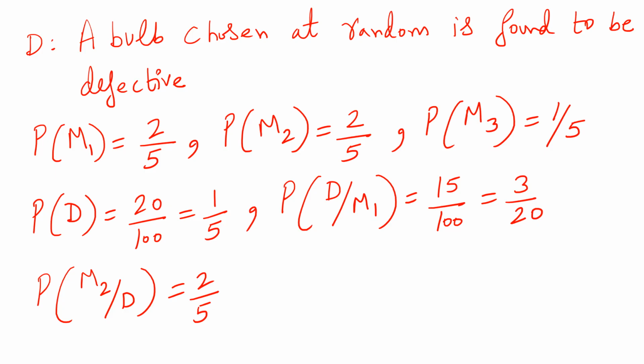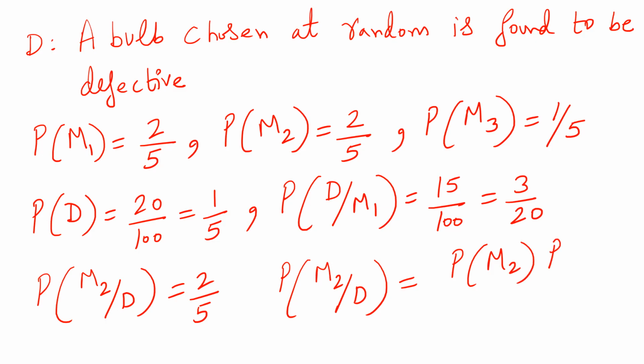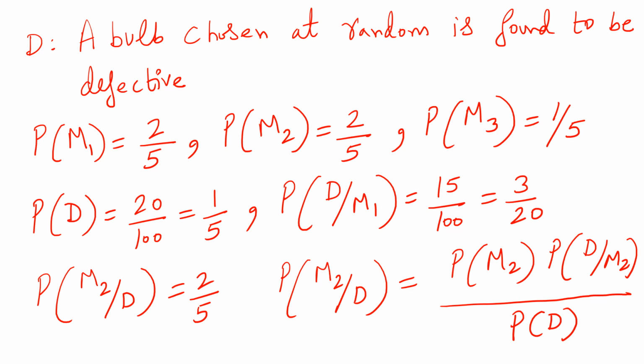Now students, by using Bayes theorem, I will write the expression for P(M2 by D), and this becomes equal to P(M2) into P(D by M2), whole divided upon probability of D. Right?